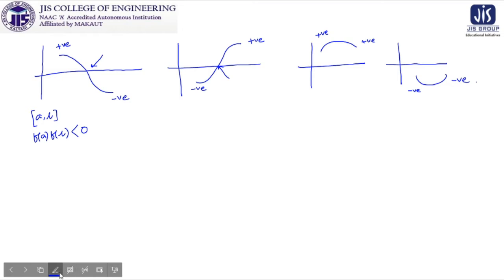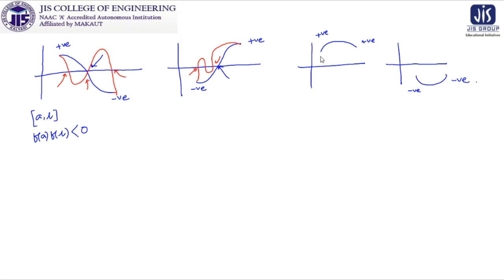It may happen that the number of intersections is higher. In the same case of positive and negative, the number of intersections may be more than one, but an intersection is guaranteed. You can draw it like this also, where the number of intersections is higher, but intersections are guaranteed.